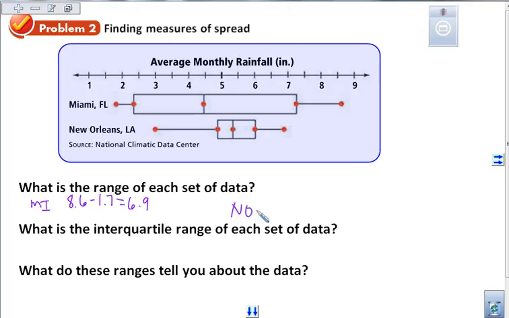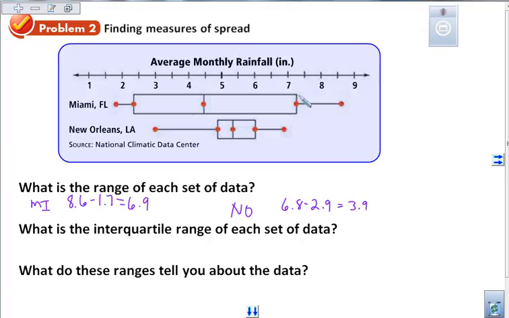And then for New Orleans, we have about 6.8 and 2.9. So 6.8 minus 2.9, throw that on the calculator and you should be getting 3.9. Again, for Miami, the interquartile range, I'm looking for Q3 and Q1.